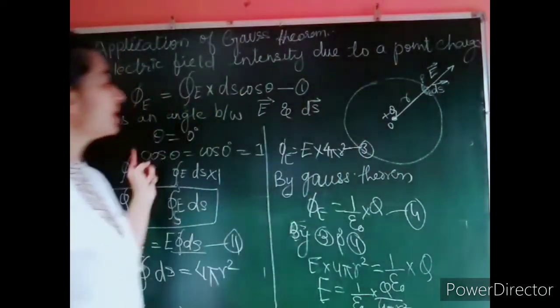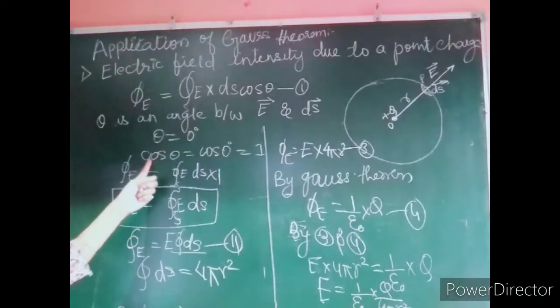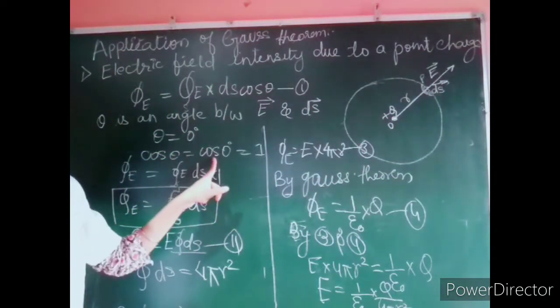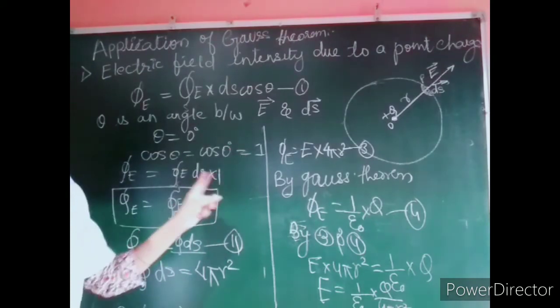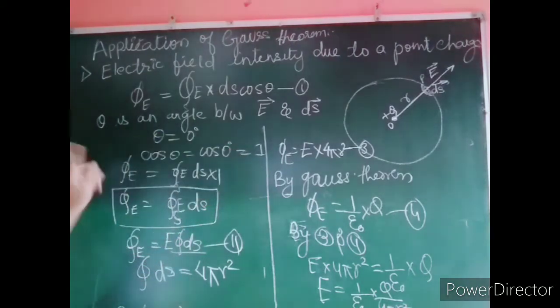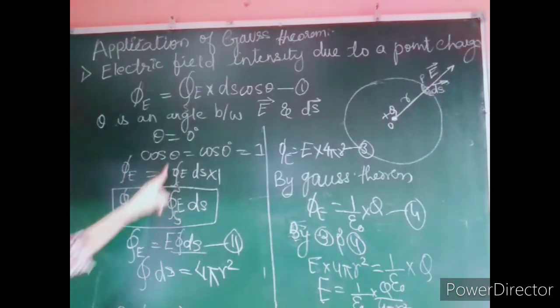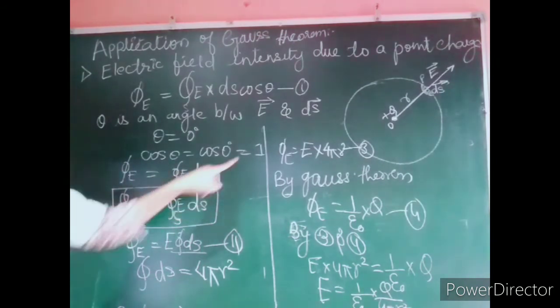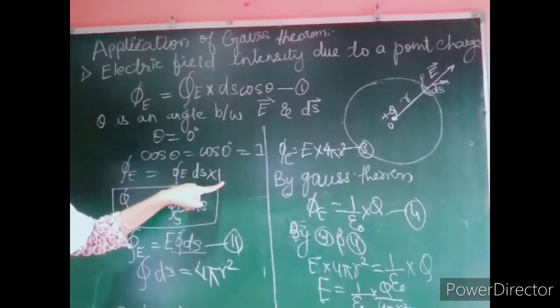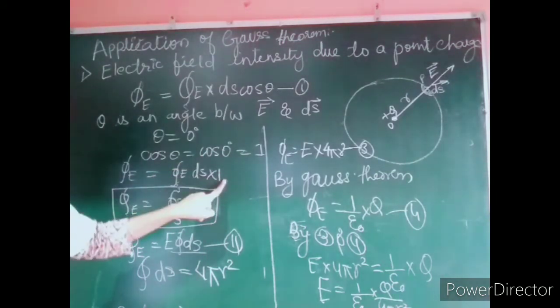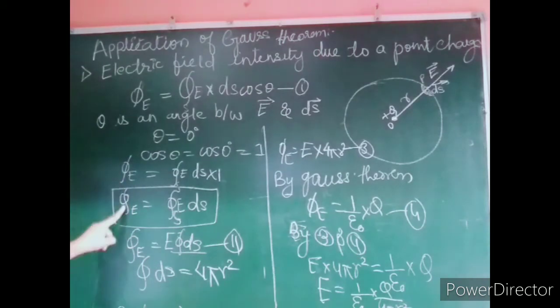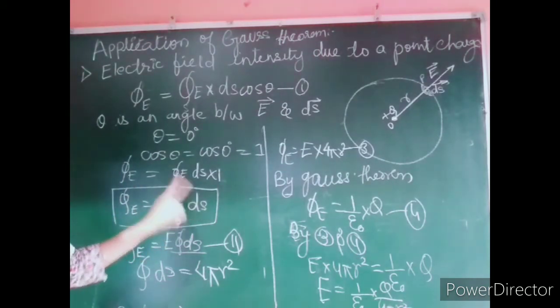So angle will be 0 degree. So cos theta will be cos 0 degree, that is 1. Now phi E is equal to integral over the surface of E into cos 0 degree, which is 1, so E into ds into 1.